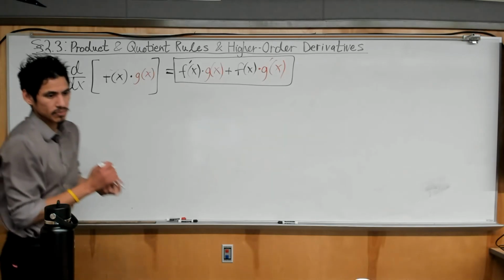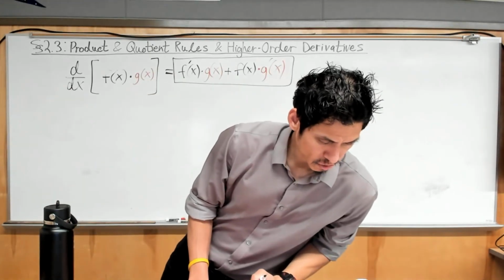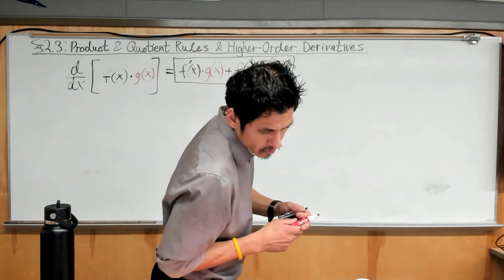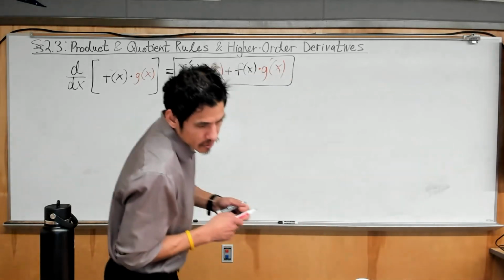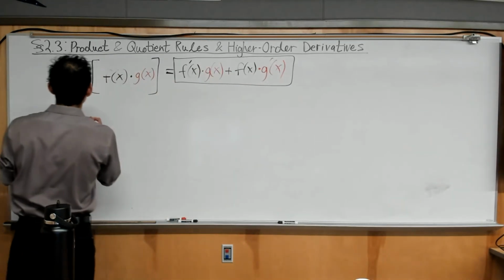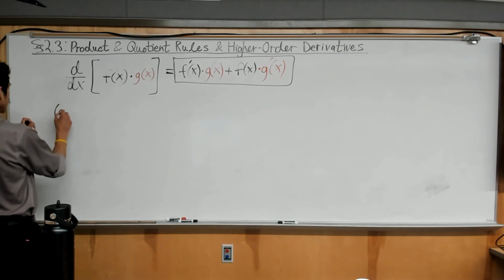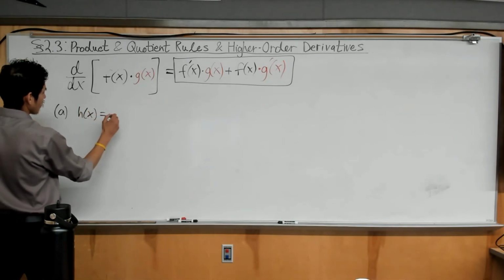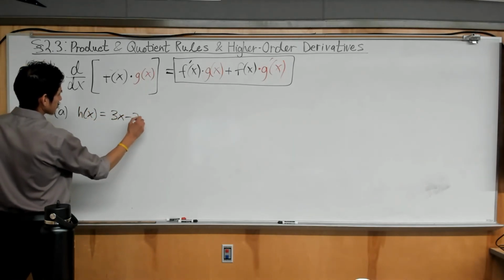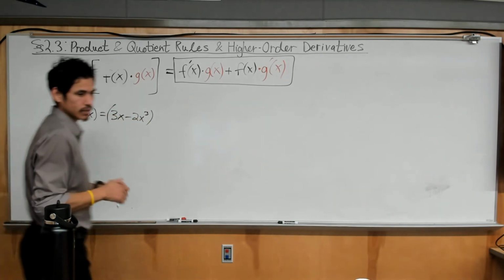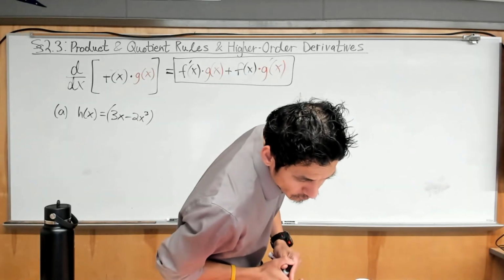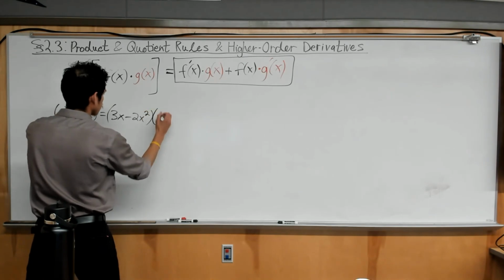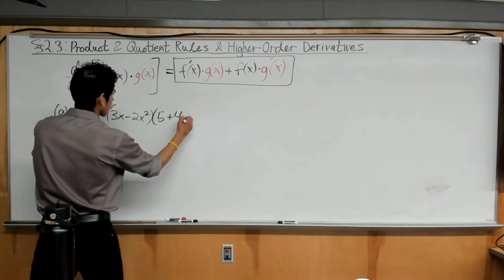So let's just go over an example. 3x minus 2x squared, times 5 plus 4x.